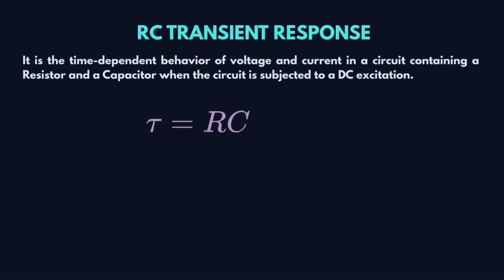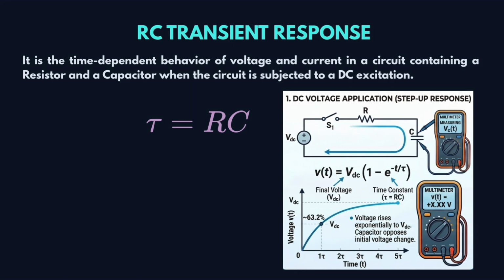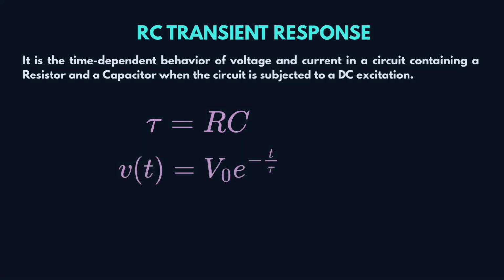The speed of the transient response is decided by the time constant tau given as R into C. Charging: V of t is V into 1 minus e to the power minus t by tau. At t equals tau, voltage reaches 63.2% of final value. During discharging, V of t is V naught e to the power minus t by tau.